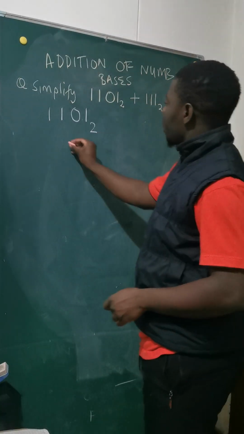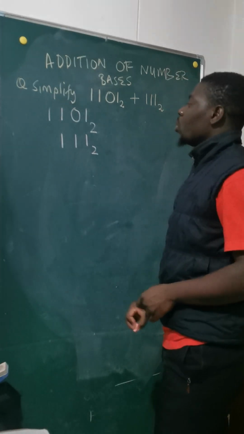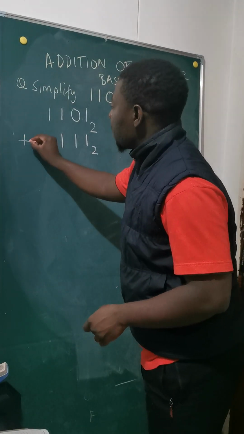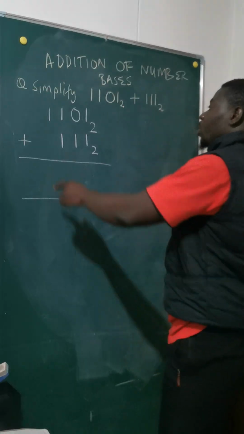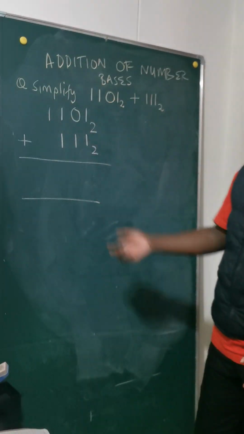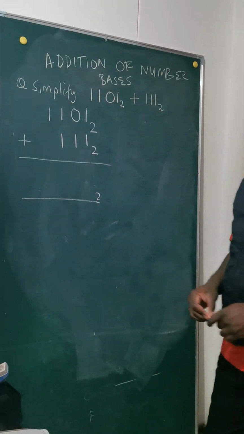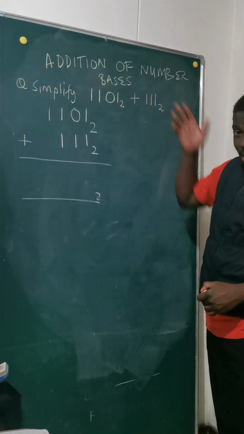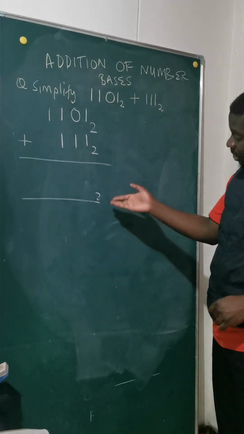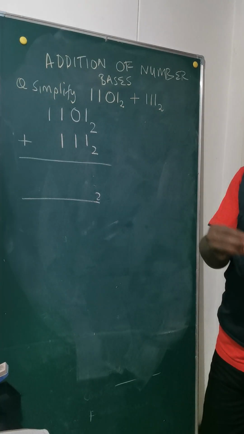Then we write 111 in base 2. Then we put a plus here. Because we are adding numbers in base 2, our answer is in base 2. If you add something that is in base 2 with something that is in base 2, our answer is in base 2.